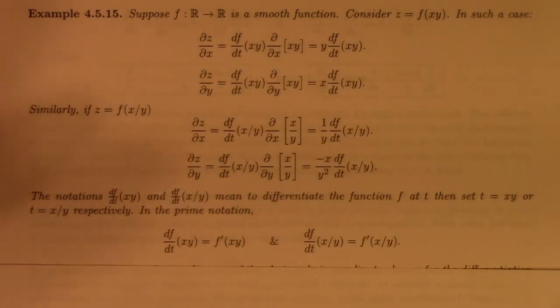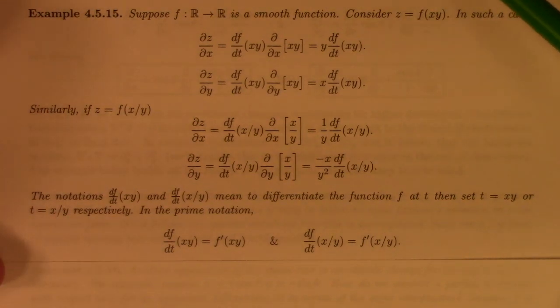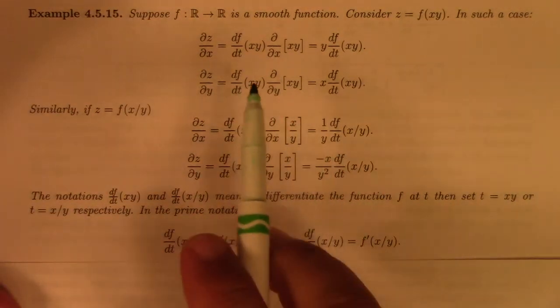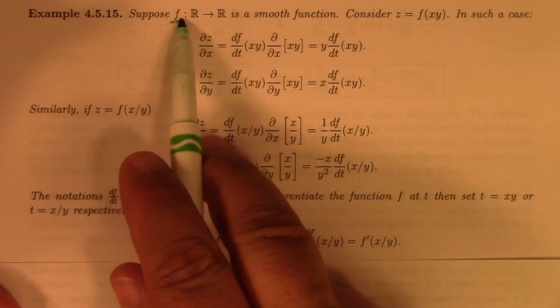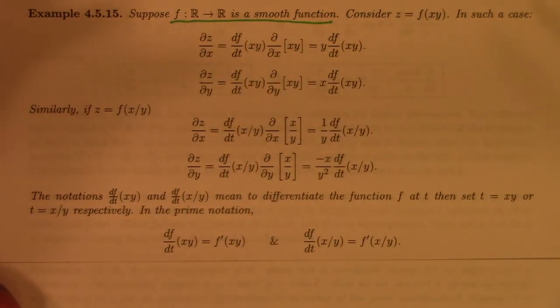I'll look at this example. This one's kind of good because it's a little bit more abstract. So suppose we have z is some function of x and y, all right? Notice that I've told you that f is a function from the reals to the reals, right? And it's a smooth function, which means you can differentiate it as many times as you like.